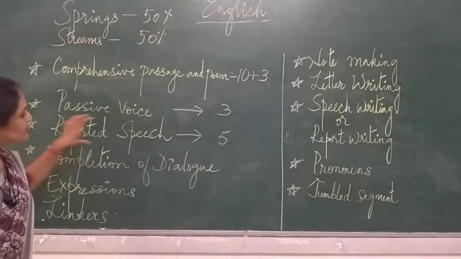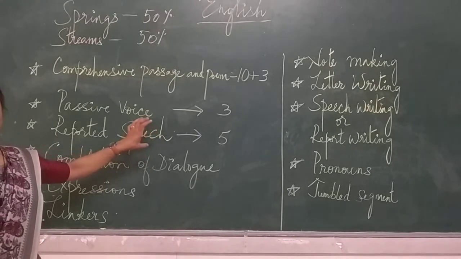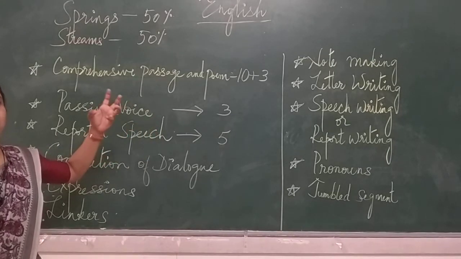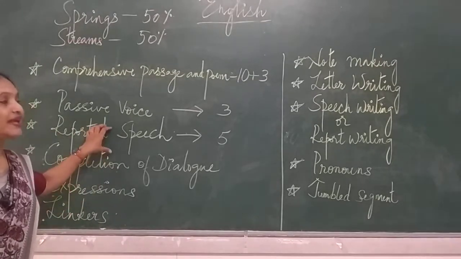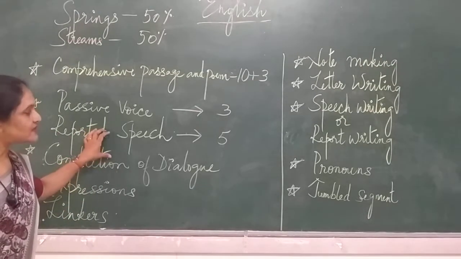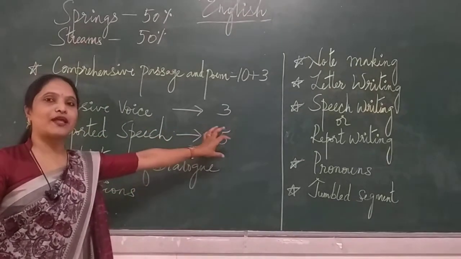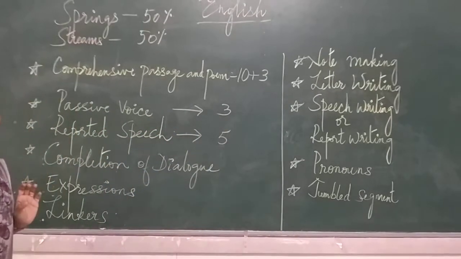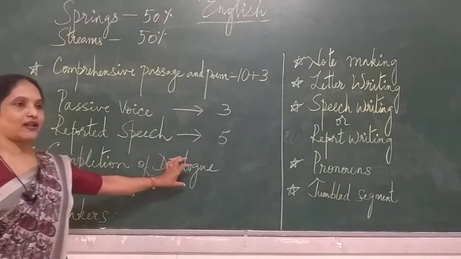In reported speech, that's the segment where 90% of the students, even 90% scoring students, make mistakes. So if you understand it carefully, it will be very easy for you to score 5 out of 5 in this also.